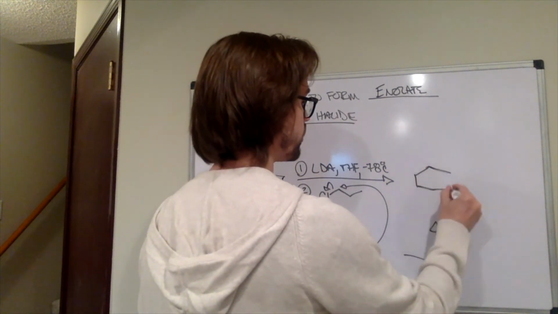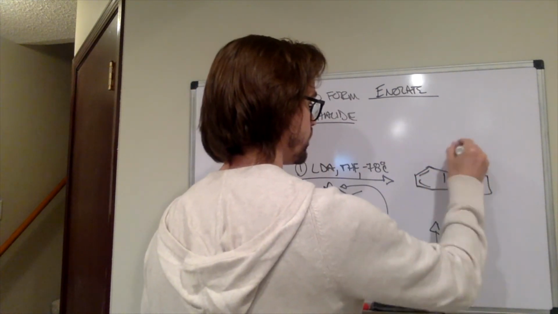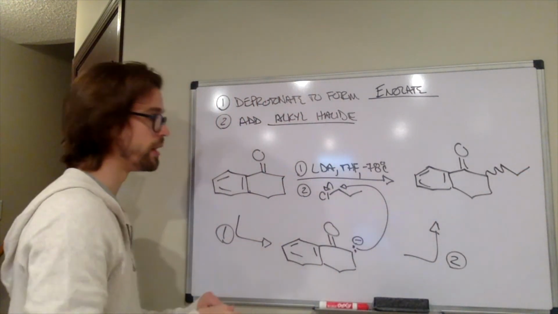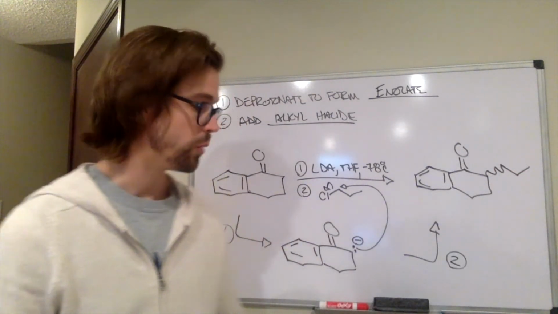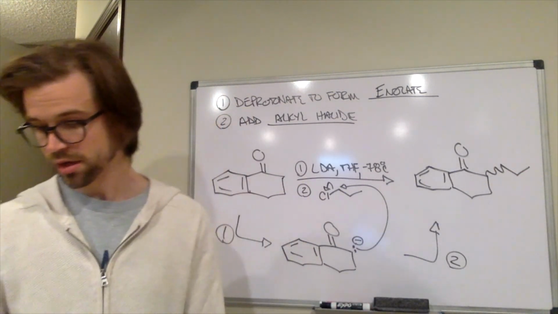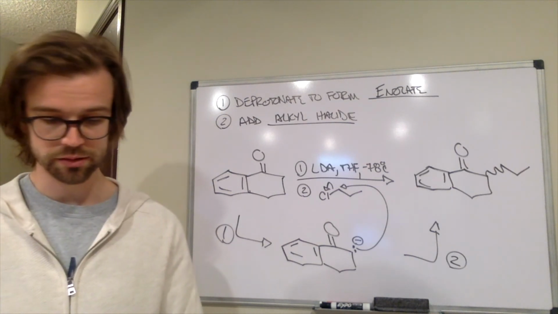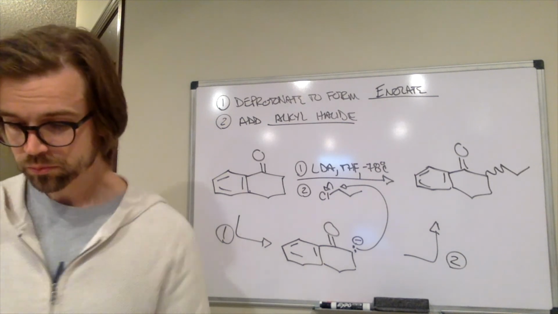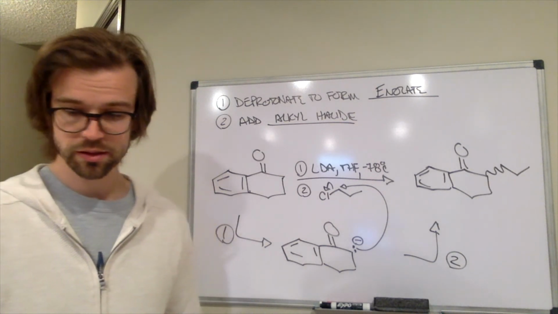And that will produce the alkylated product. So we had 3 carbons in our alkyl halide. We've added 3 carbons to our product. And that is about that. So this is another great way to make carbon-carbon bonds. And we're going to go through some examples of this very soon.